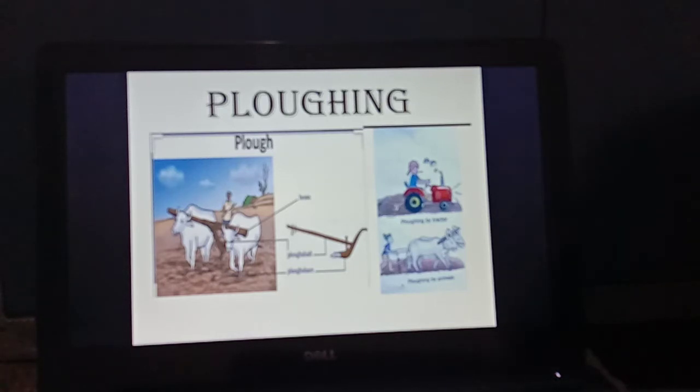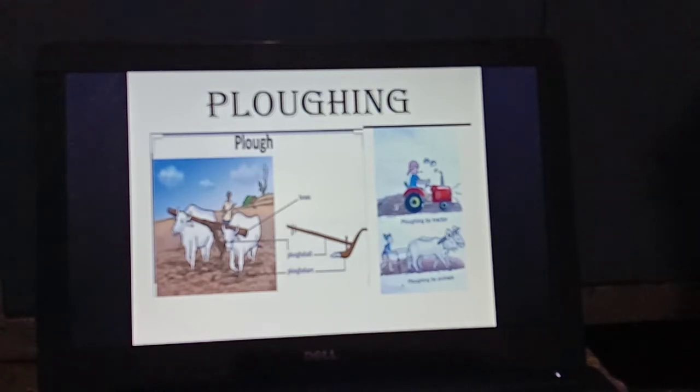Number third, plowing brings the nutrient rich soil to the top so that the plants can use these nutrients. Number fourth, manures and fertilizers mix better with the plowed soil. And number fifth, loose soil helps sunlight to reach deeper layers of soil and kill harmful microbes.